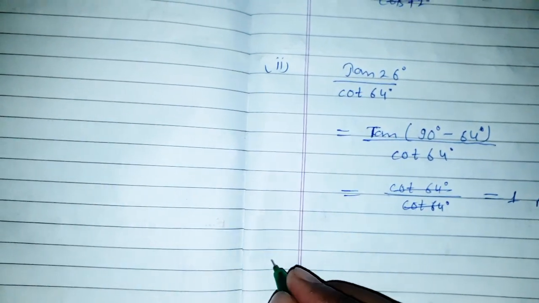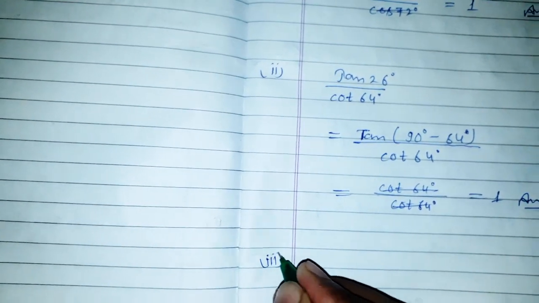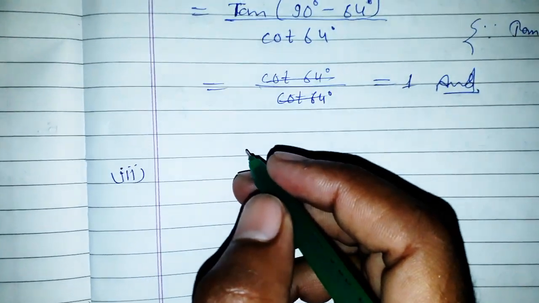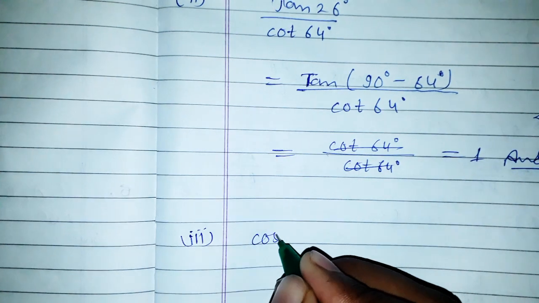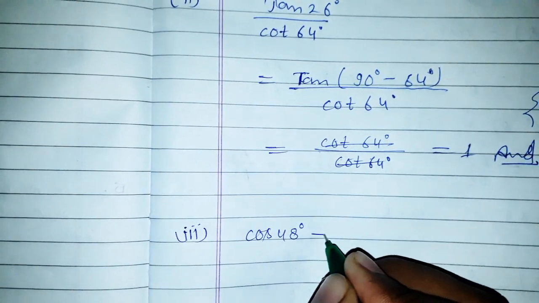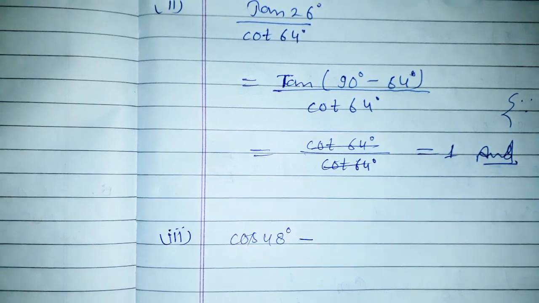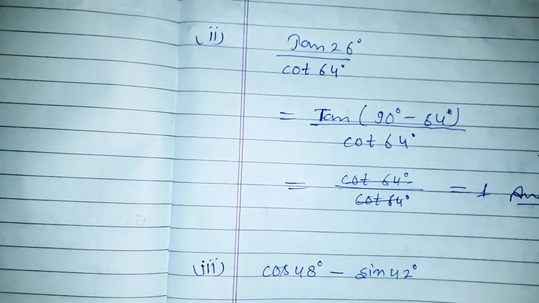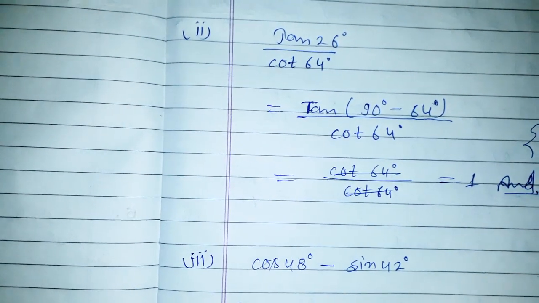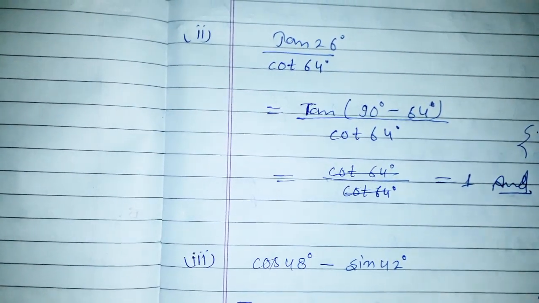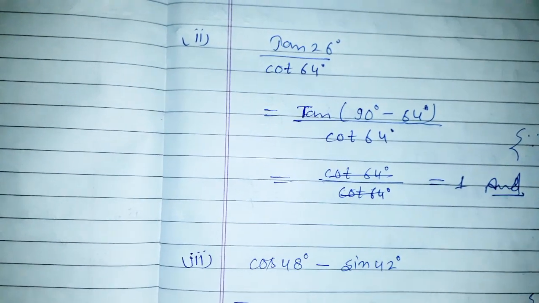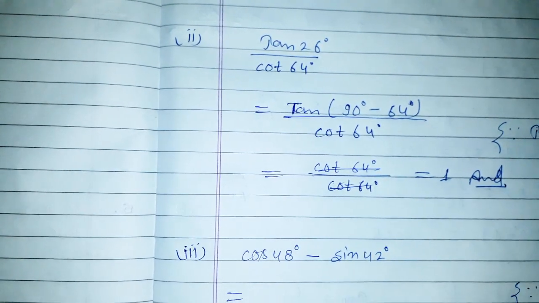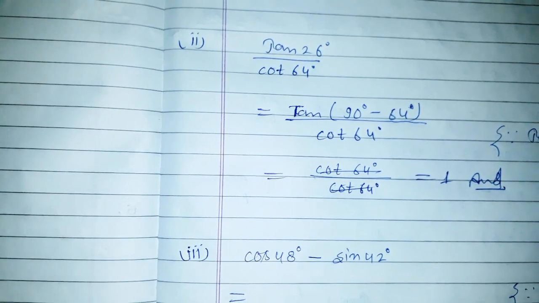Next, third: cos 48 degree minus sin 42 degree. Use the formula cos(90 minus theta) is equal to sin theta.